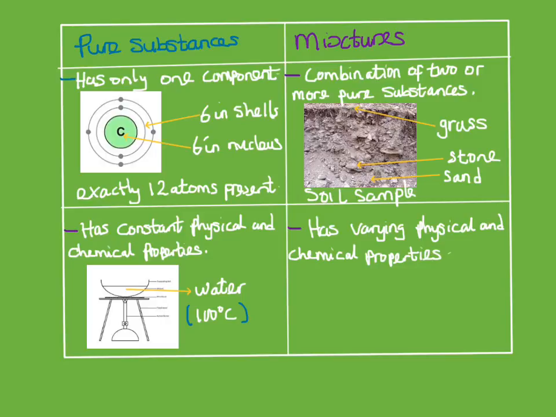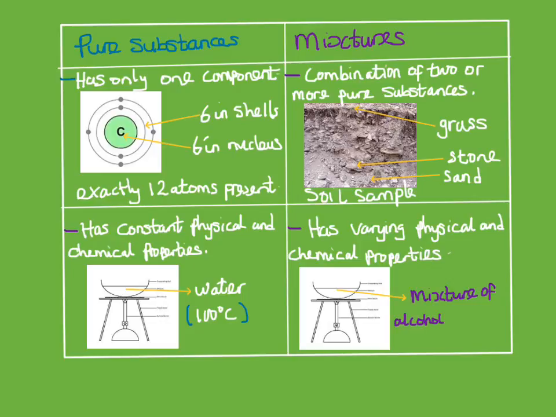These properties include melting point and boiling point. Let's consider a mixture of alcohol and water. The boiling point of alcohol mixed with water may be at a range of temperatures, while that of water is constant, that is at 100 degrees Celsius.